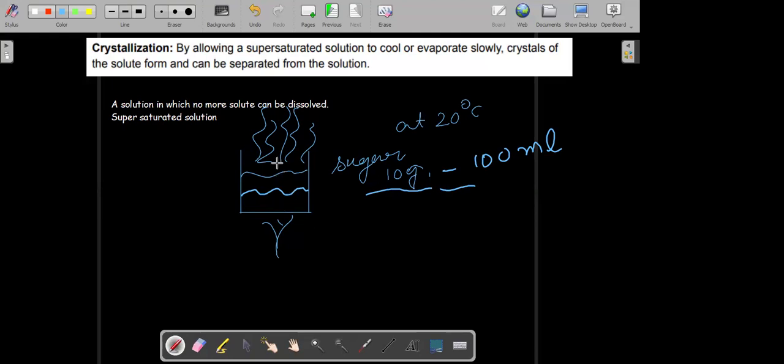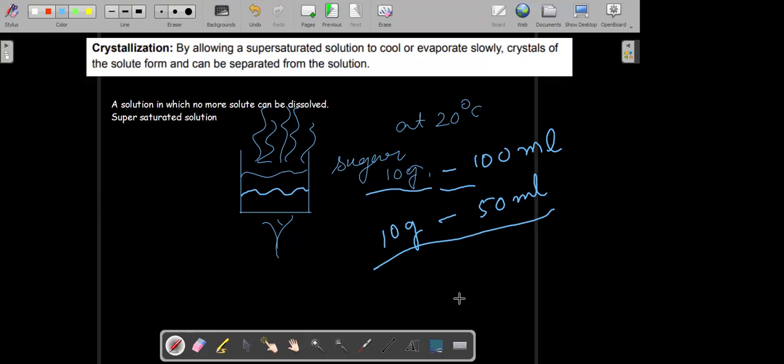Now we heat it. After heating, the water vapors start moving out of it. So when water moves out, let us say only 50 ml of water is left, and you still have 10 gram of sugar dissolved in it. So can I call this solution a supersaturated solution now?